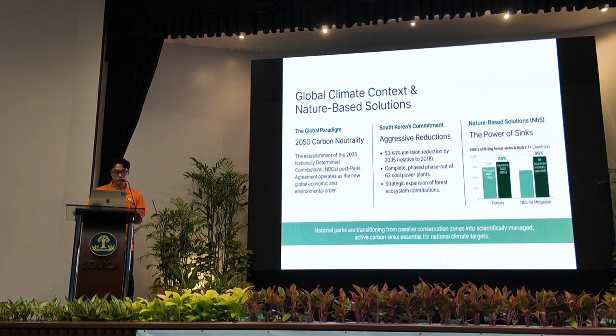The plan included a complete phase out of 62 coal power plants. To achieve this, 96 countries use nature-based solutions for mitigation. Therefore, Korea national parks are transitioning into scientifically managed carbon sinks to meet these national climate targets.